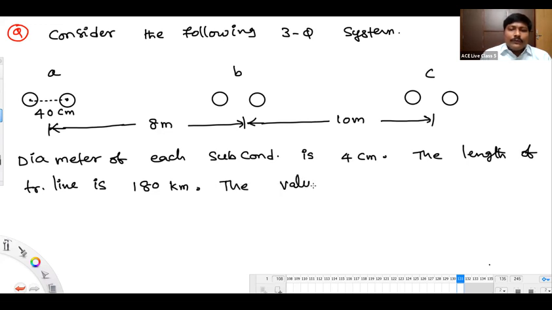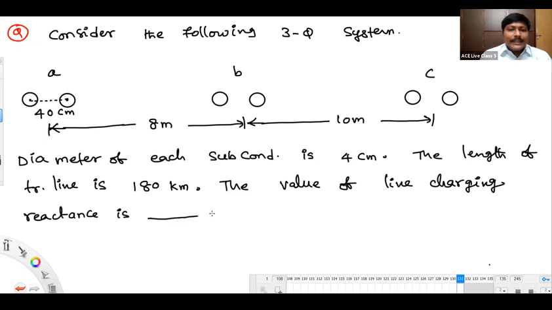The value of the line charging reactance is dash kilo ohms.